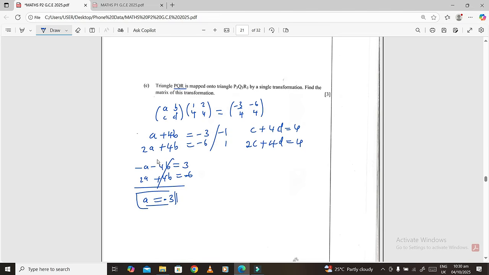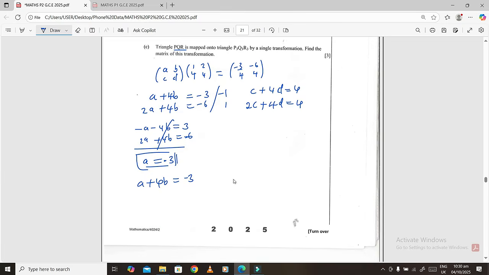So if A is equal to negative 3, get the first equation, that is A plus 4B is equal to negative 3. Where there is A, you substitute negative 3. Okay? So this will be 4B is equal to negative 3 plus 3, which will just give us 4B equal to 0, meaning when we divide by 4, both sides, the value of B will come out to be equal to 0. So I know that B is equal to 0.